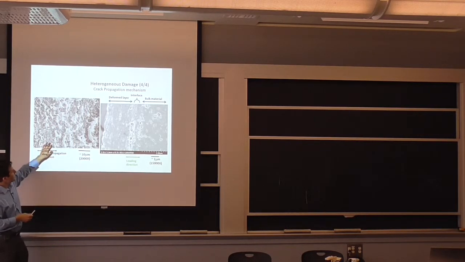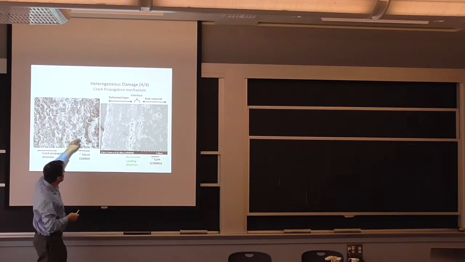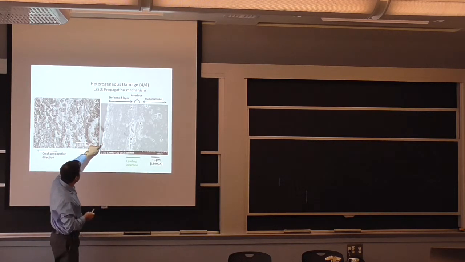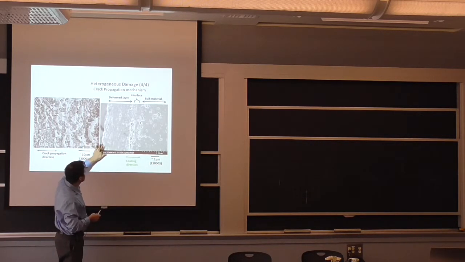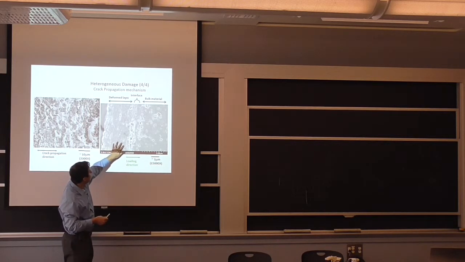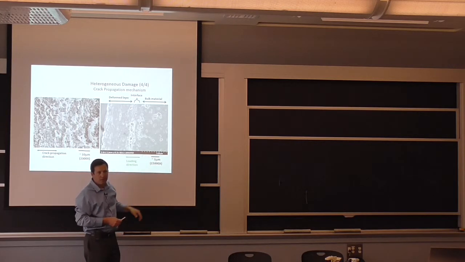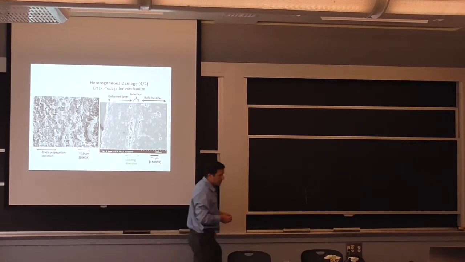When you look at it on a cross section, so if you cut right through this material here, the little fibrils are on the surface, out of plane, and what you see under the surface is a layer of deformation. This is material that is oriented. It's not like the material further back in the bulk of this polymer.